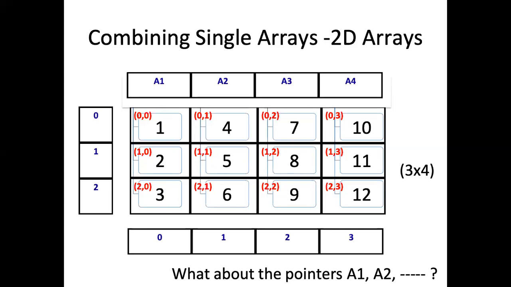Starting pointer should point to which element? 0 0. जी 0 0 को तो A1 point कर रहा है, तो you are saying कि A1 starting pointer है. हाँ, लेकिन A1 किधर पड़ा हुआ है ये किसको पता है? A1 किधर है ये किसी को पता है?